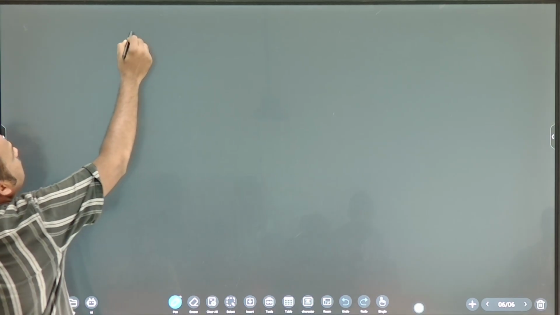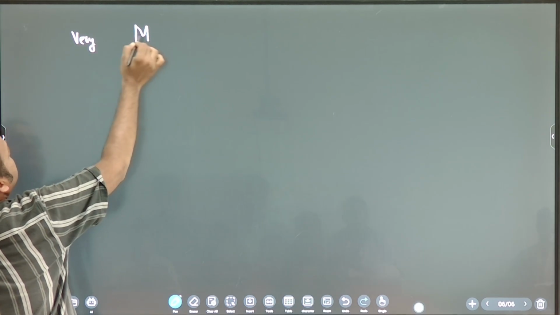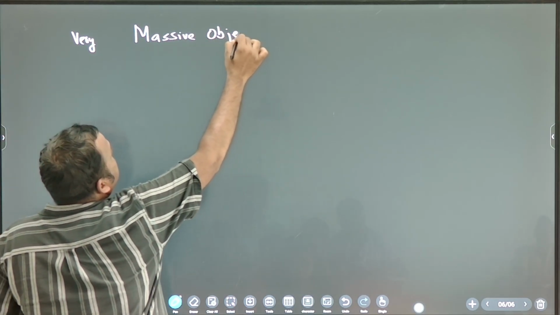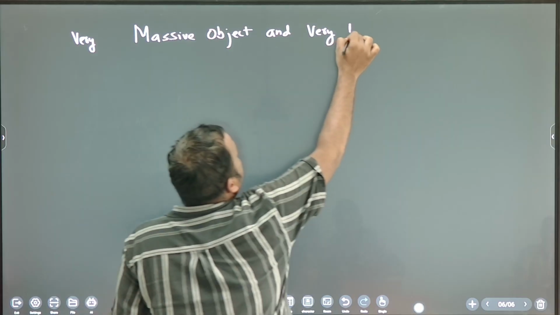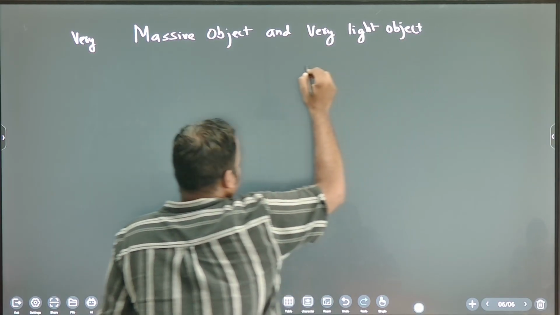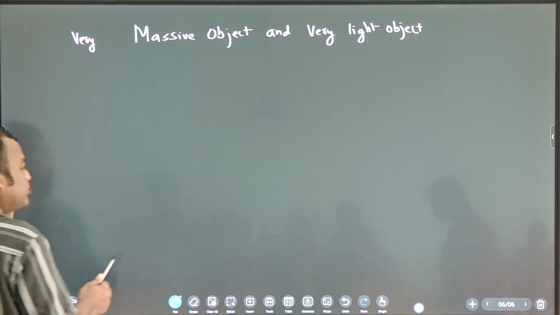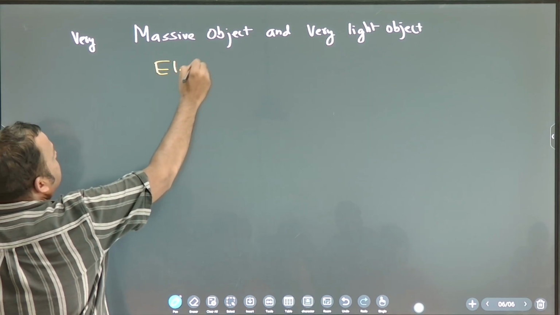See, note down the topic. Let's do a very massive object and a very light object. Perfectly elastic collision of a very massive object and a very light object.